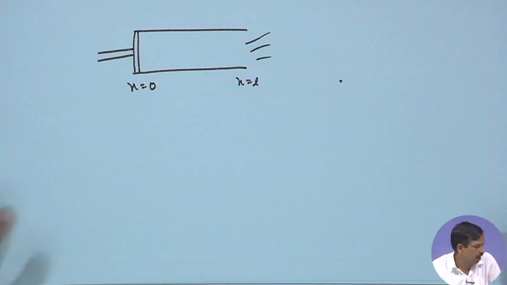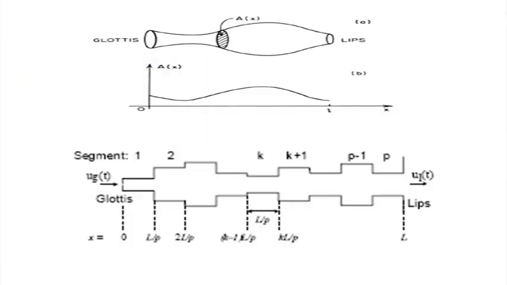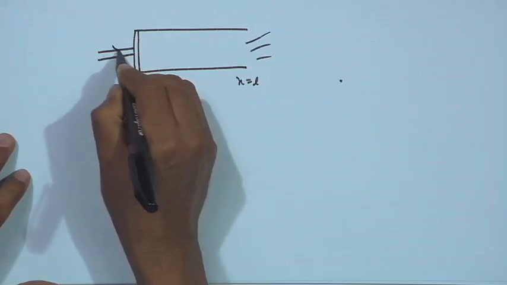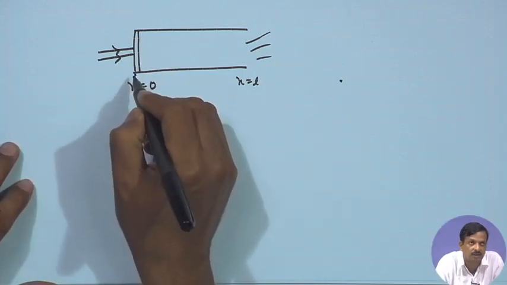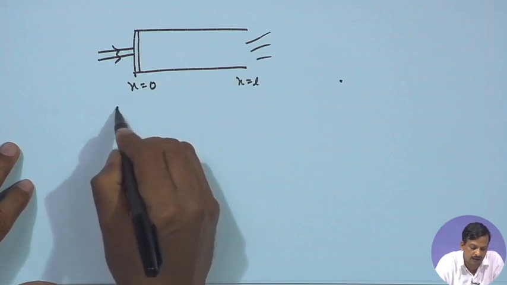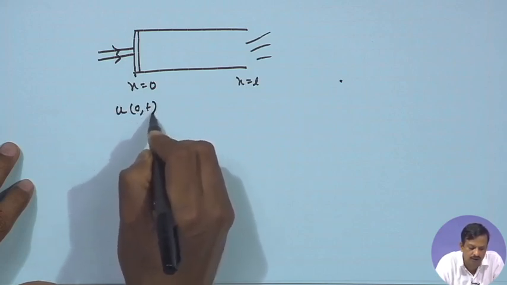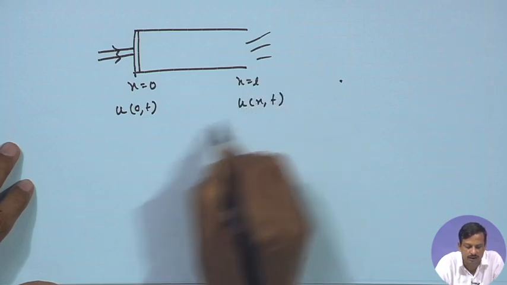Okay. Now, this whole tube is a situation where acoustical pressure is applied here. The volume velocity at this point is u 0 t, and the volume velocity at this point is u x t.